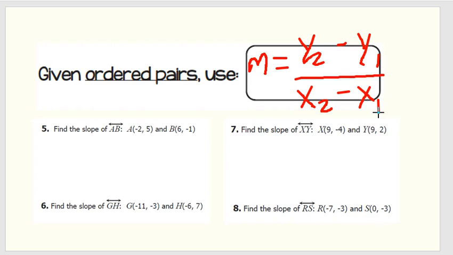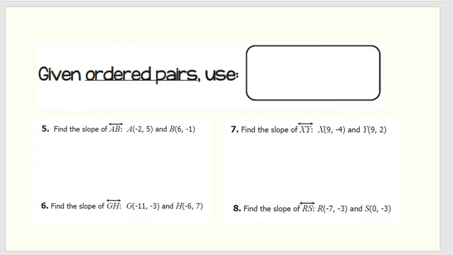So if you're given 2 points, like we're given here on number 5, just like I've always told you when we were doing the midpoint and the distance, we want to put these in as x's and y's. So underneath them we write x1 and y1.